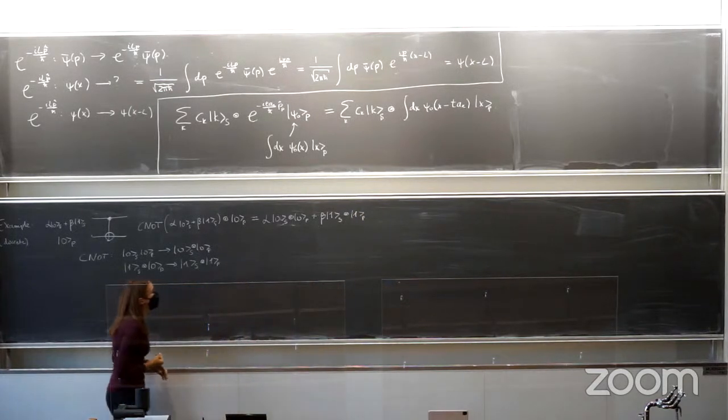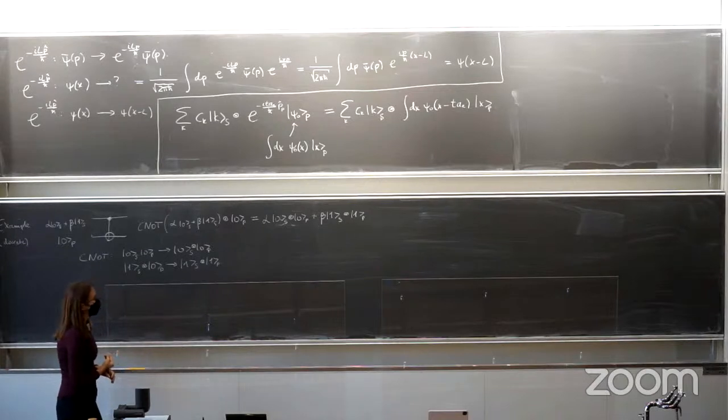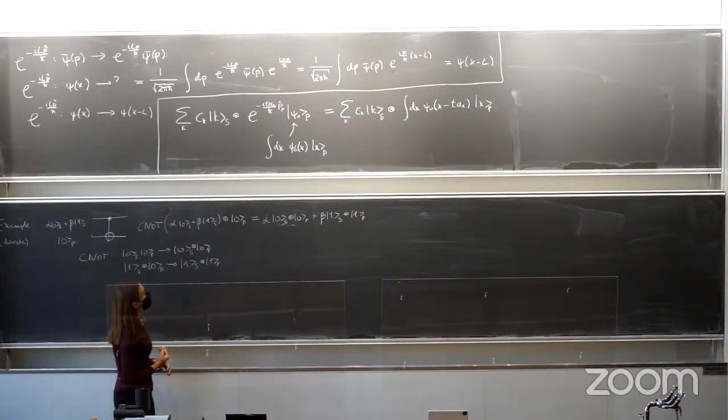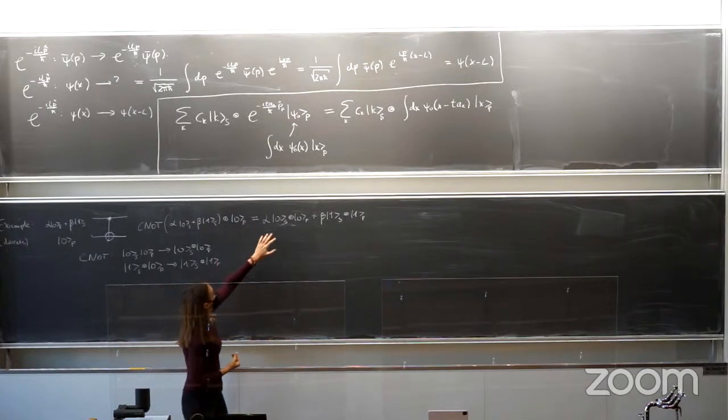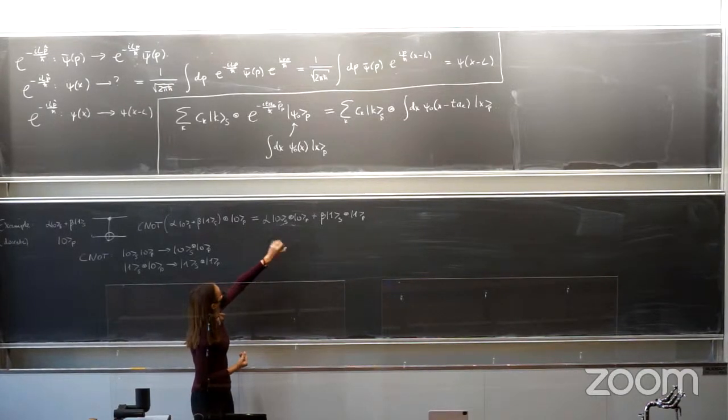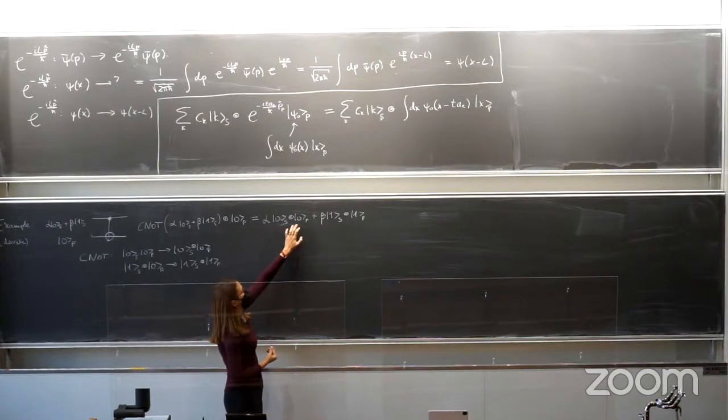So here we see that, again, it's the same scheme as the state above. We have the sum over the initial states, in this case alpha 0 and beta 1, and each of these terms is in a product with the different states of the pointer.